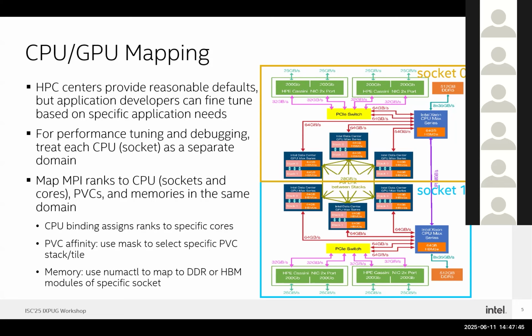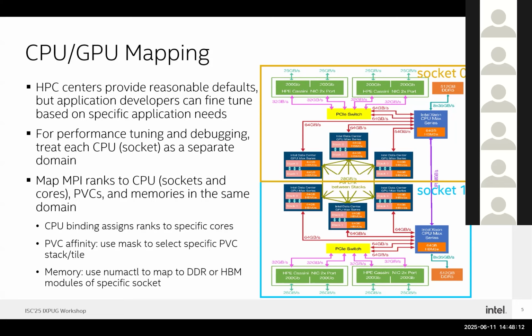And which particular GPU, or even a tile or stack. For PVC, we have two tiles on a GPU, and you need to know which tile it's mapped to, and which core the process runs on the host side, and then which NIC handles the communication.